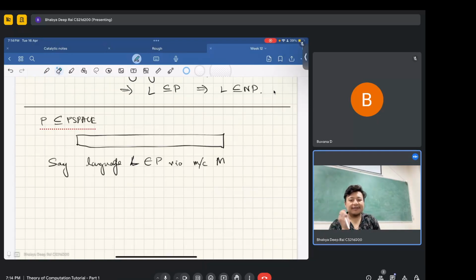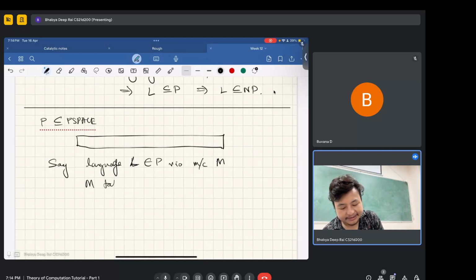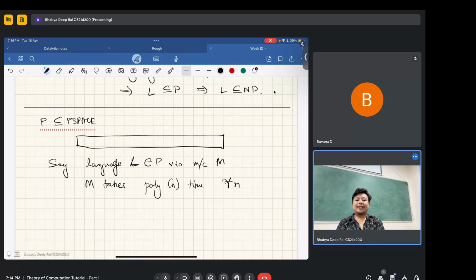Any arbitrary language, and M runs in polynomial time. Now, M takes, say, some poly(n) time for all n, for any input. It takes polynomial time because L is in P via this machine. Otherwise it would not be in P if it took more time.